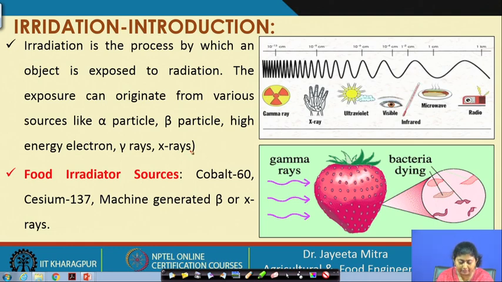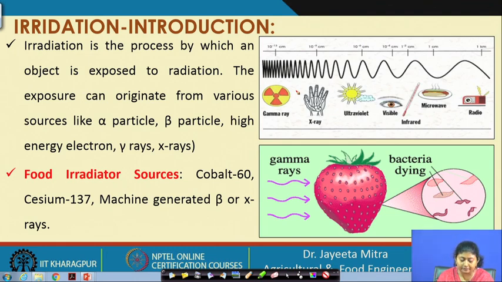So, gamma ray, X-ray and beta particle have very small wavelength. Therefore, these have very high penetration capability as well.